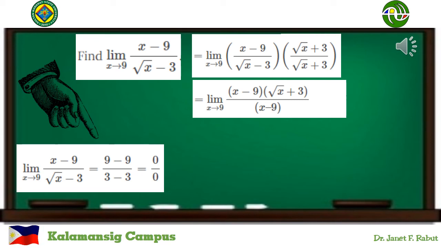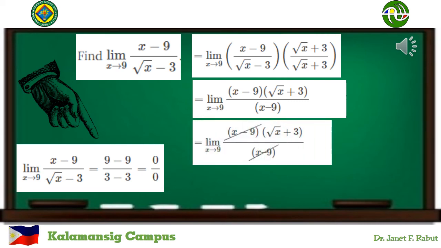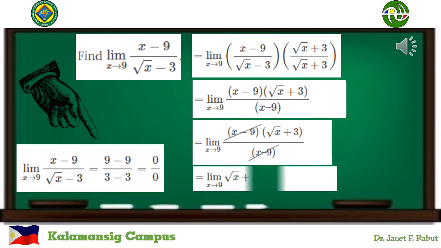And this is equal to the limit of quantity x minus 9 times the quantity of square root of x plus 3 all over quantity x minus 9. So, as we have noticed, we have a common factor, which is x minus 9. So, we are going to cancel that. Then, what is left is square root of x plus 3.